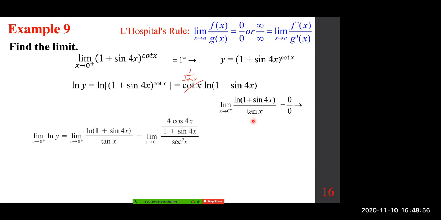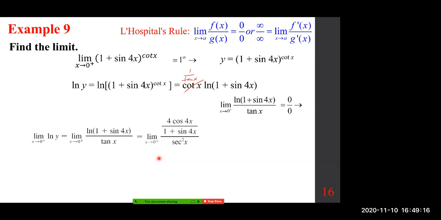So one more time, the top, flip this over, 1 over 1 plus sine 4x, and the derivative of this expression is cosine 4x times 4. And for tan, the derivative is secant squared. Okay, everybody?